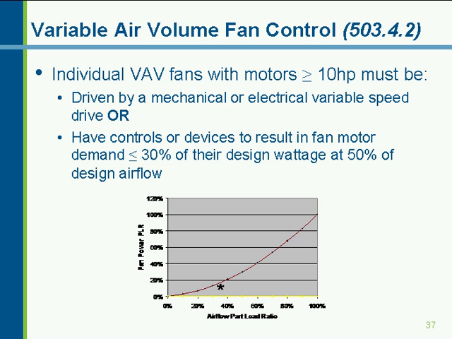An example of that might be a vane axial fan with a variable pitch blade might meet that requirement. And that's shown on the fan part load curve below, the point at which it must meet 30% fan power, 50% airflow.